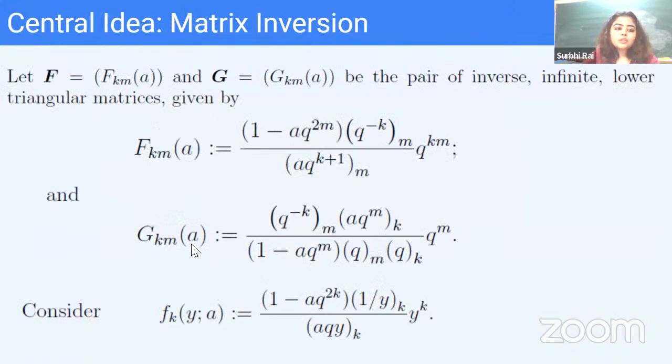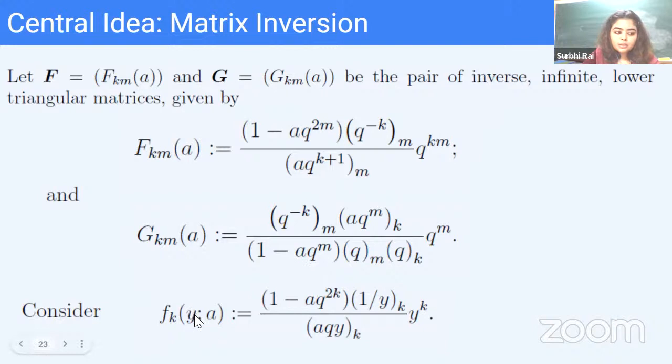Okay, so now let's say we have F and G, a pair of infinite inverse lower triangular matrices, such that the entries are given by these terms. This matrix inversion is equivalent to the Bailey matrix inversion. We derive this from the Bailey matrices by multiplying them with suitable diagonal matrices.